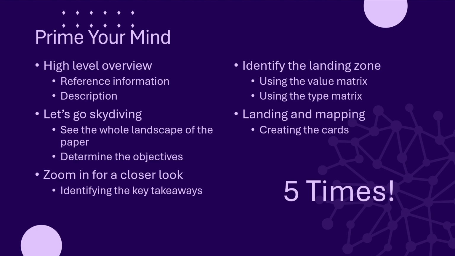And yes, I just want to reiterate for those of you that are counting, are we really going to go through this research paper 5 times? Yes. This is how you prime your mind. This is how you get information to transfer from short-term memory to long-term memory. For some people, they're kinetic learners. They need to touch and interact and work with the information in order to learn it.